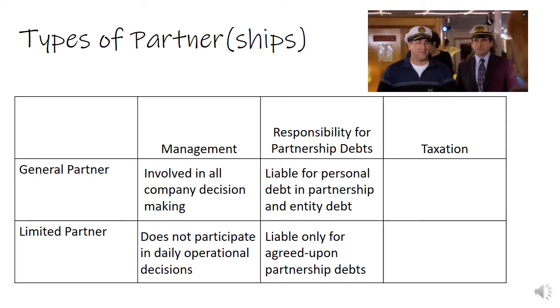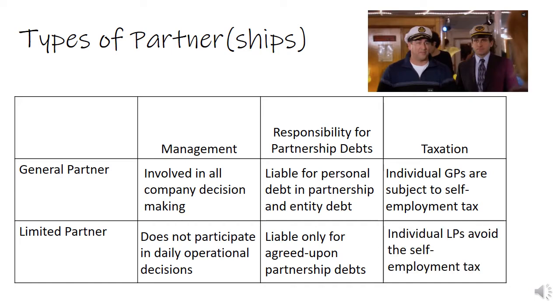Now, while all partnerships are conduits through which business transactions flow to the partners, when the partners are individual filers, an additional taxation layer occurs. A general partner who is an individual taxpayer is subject to the self-employment tax.